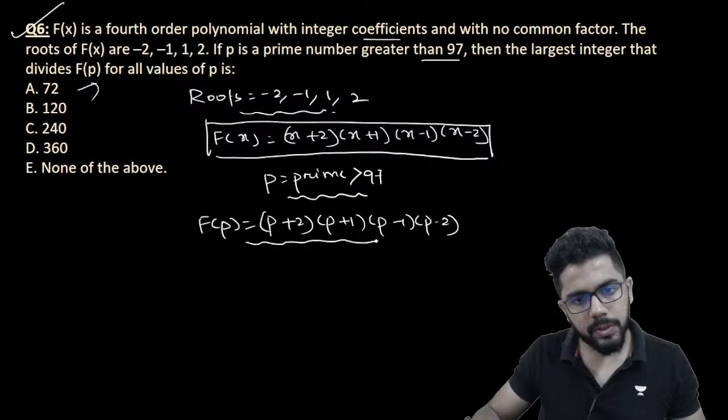I got the value of f(p). Now once you know f(p), the largest integer that divides f(p) for all values of p, that means p is the variable here, p is actually a prime number, so if you put some value you will get a number. What is the largest integer that can divide all such values of f(p)? That means the HCF, that is what it's asking.